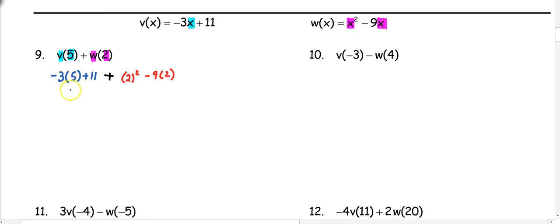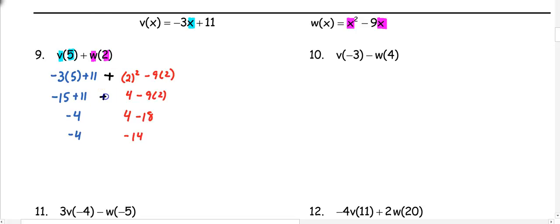So I'm going to simplify each of these separately first before I add them all together. So I'm going to do the blue equation all the way through, negative 15 plus 11, which is negative 4. And then I'm going to do the red equation separate. So 2 squared is 4 minus 9 times 2. 9 times 2 is 18. So 4 minus 18, which gets us negative 14.